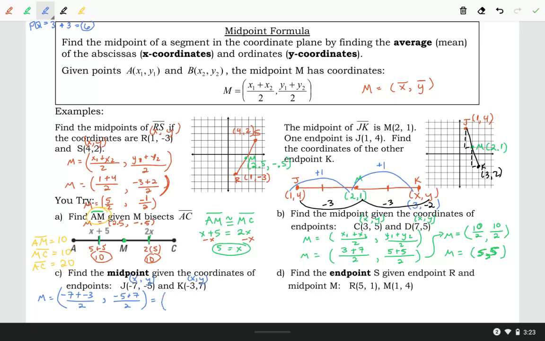So -7 plus -3 is -10, and -5 plus 7 is 2. This is still over 2. So -10 divided by 2 is -5, and 2 divided by 2 is 1. So M is the point -5, 1.